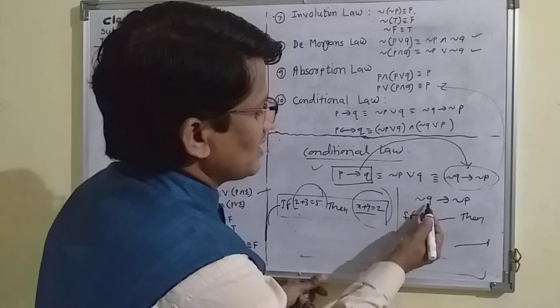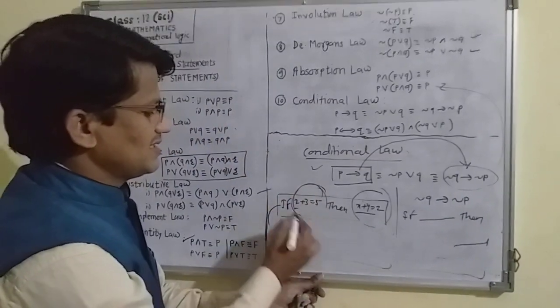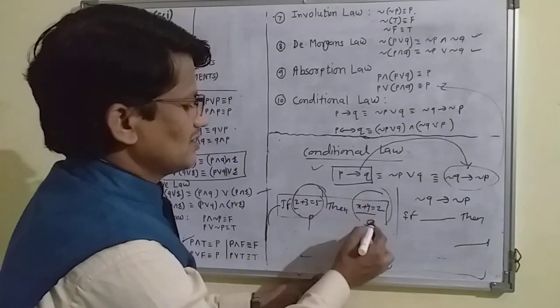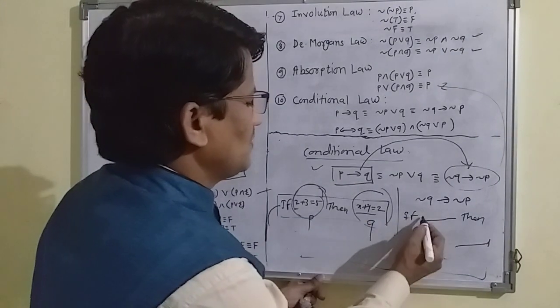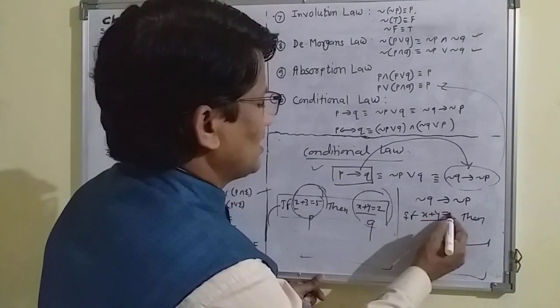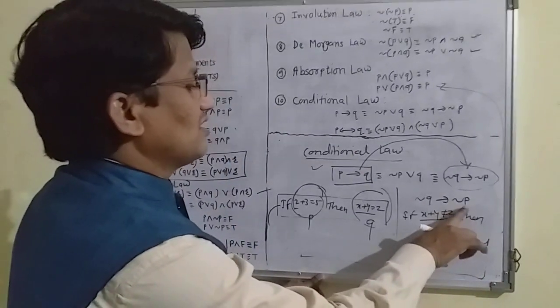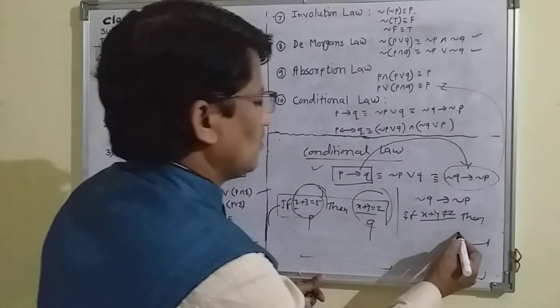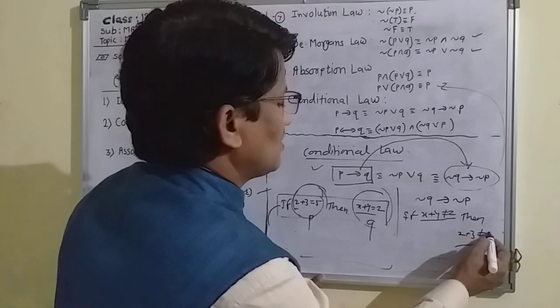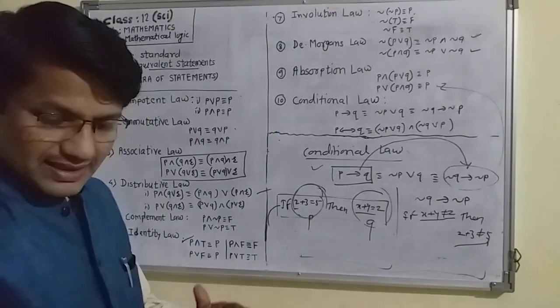What is this part? Negation of Q. This part is P. This part is Q. First write negation of Q: if x plus y not equal to z, then we have to write negation of P. What is negation of P here? 2 plus 3 not equal to 5. These are equivalent statements.